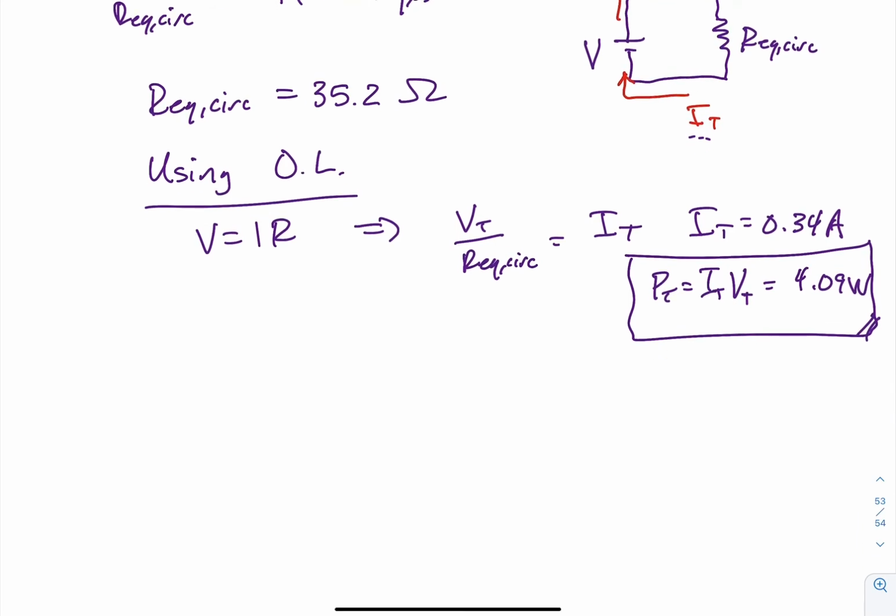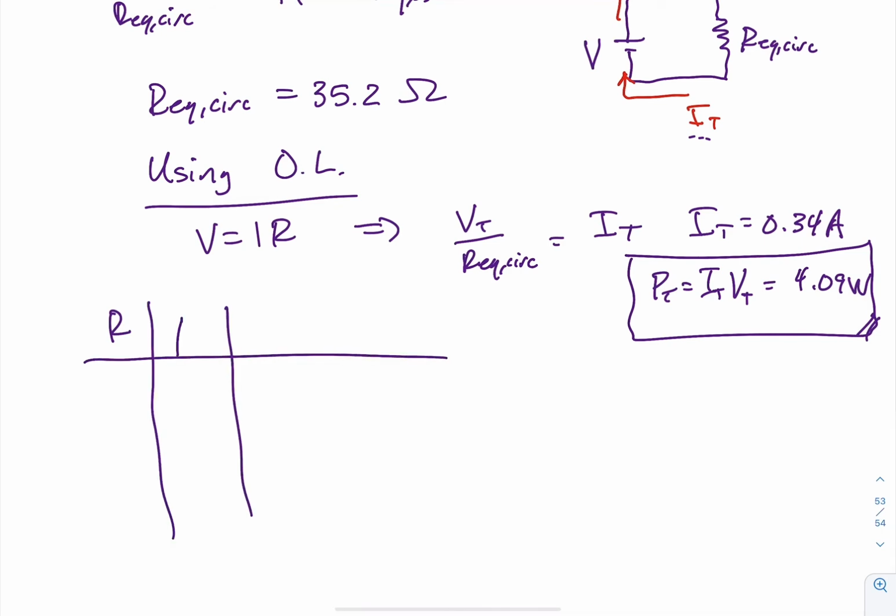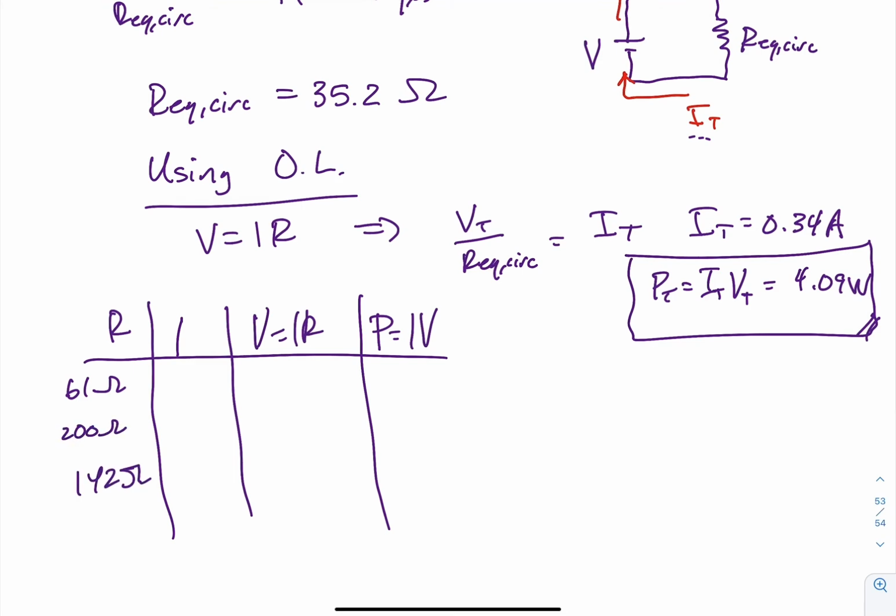But we should create a solutions table for this. It probably would have been nice to do this at the beginning, but something to remember about parallel circuits is that the potential difference across each component connected in parallel is the same.